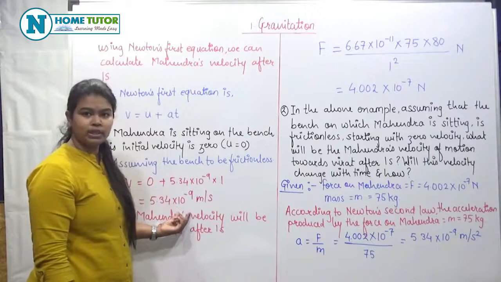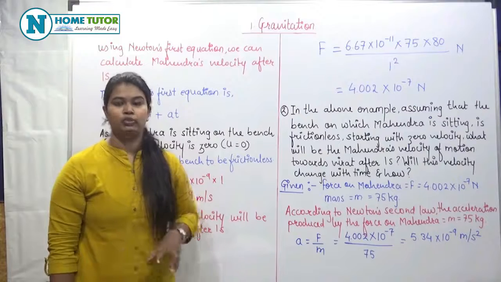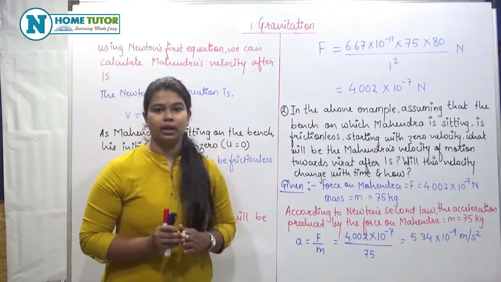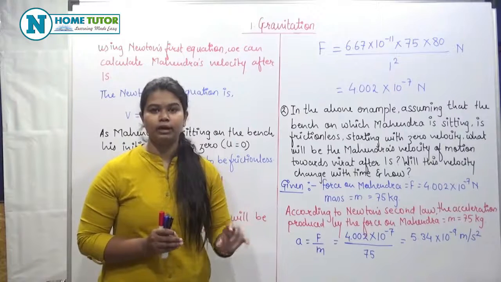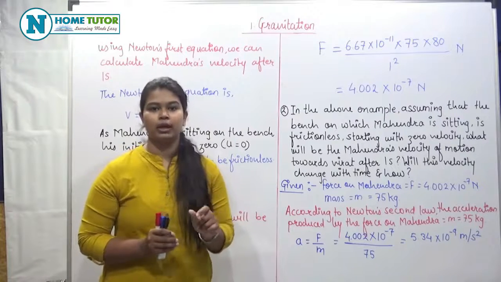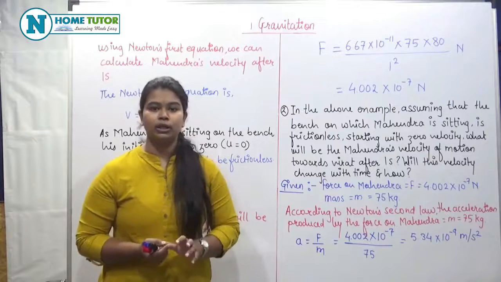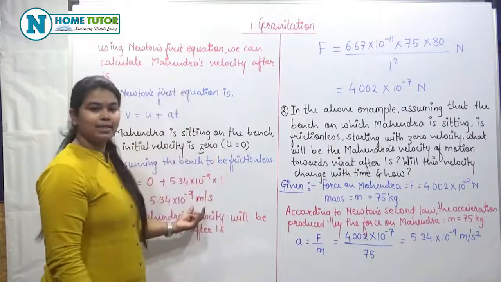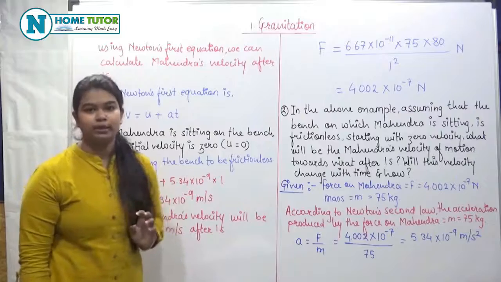Now this velocity is very small. It will increase with time because of the acceleration, and the acceleration will also not remain constant, because as Mahendra moves towards Virat, the distance will decrease, and that's why the gravitational force will increase. And according to Newton's second law, as the gravitational force increases, the acceleration will also increase.